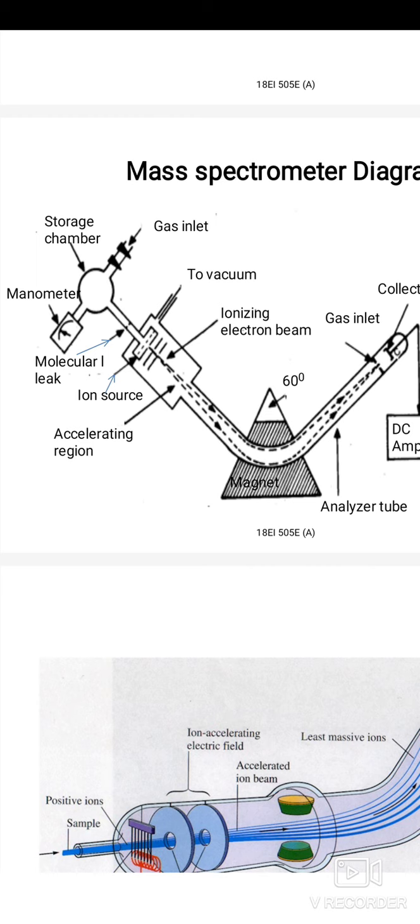The magnetic prism may be available at 60 degree deflection, 90 degree deflection, 120 degree deflection, etc. When passing through this magnetic field, the ions are deflected according to their mass to charge ratios.